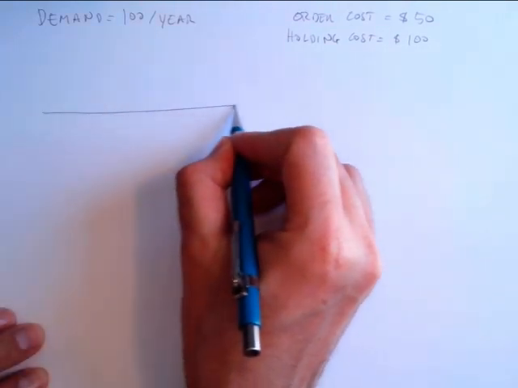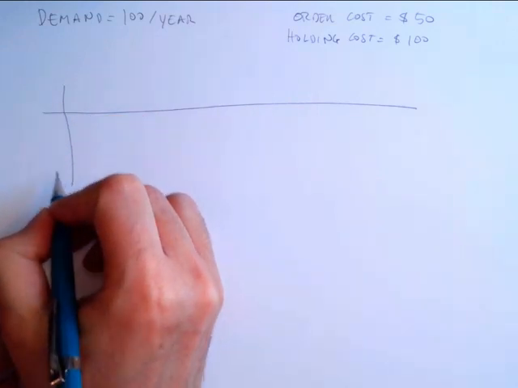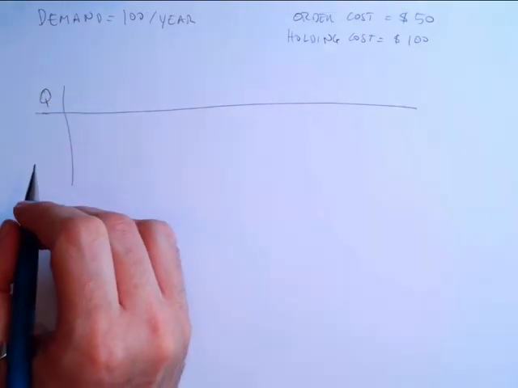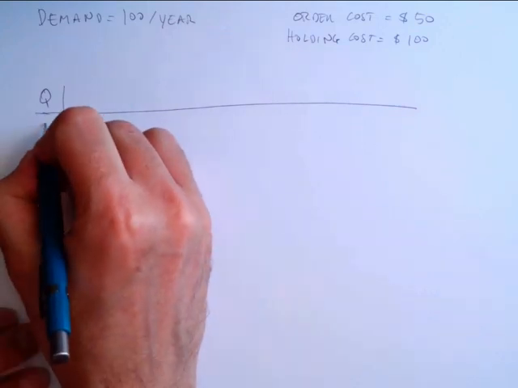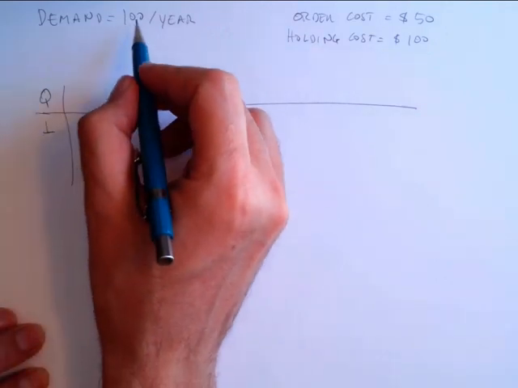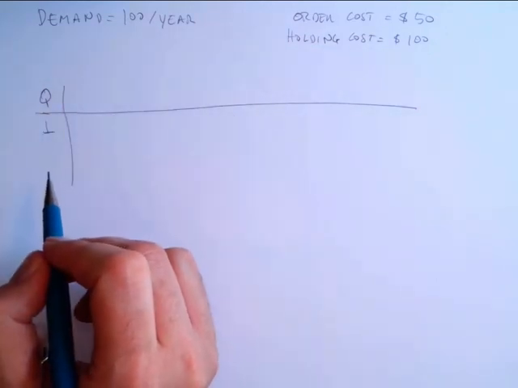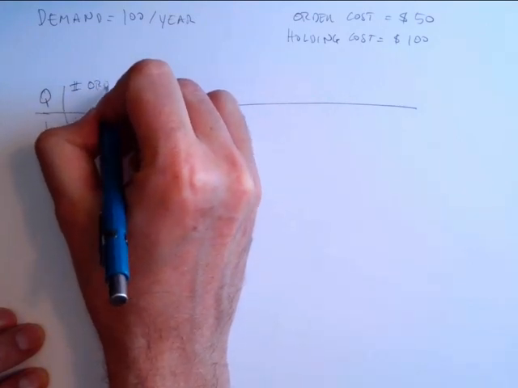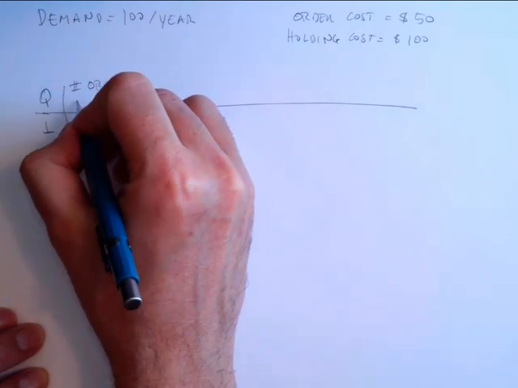Here we're going to have the quantity that we buy every time. Let's say that I'm going to buy 1 unit at a time. How many orders am I going to have per year?